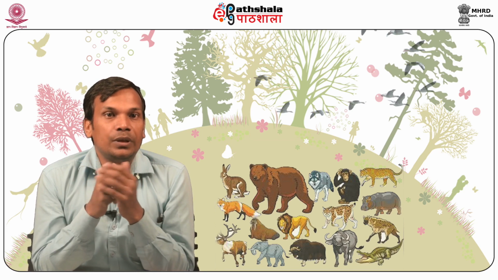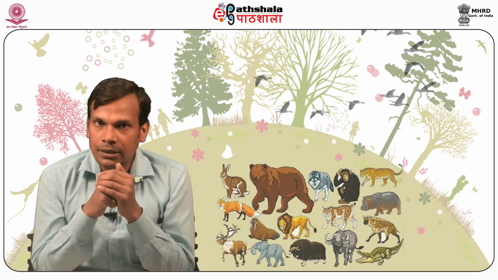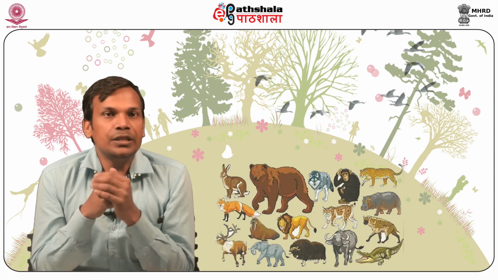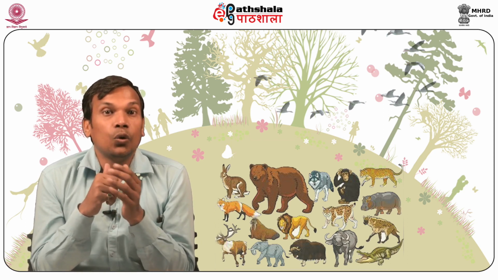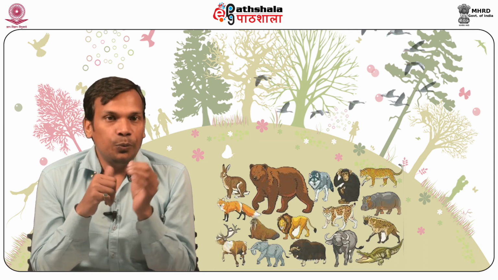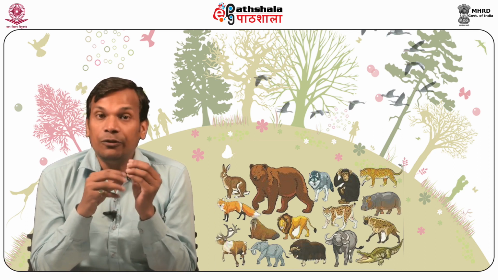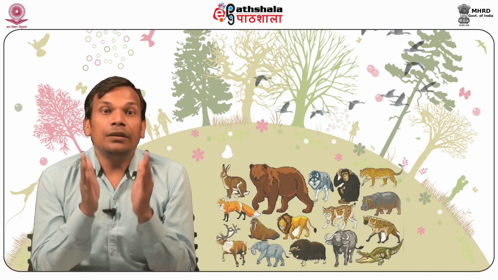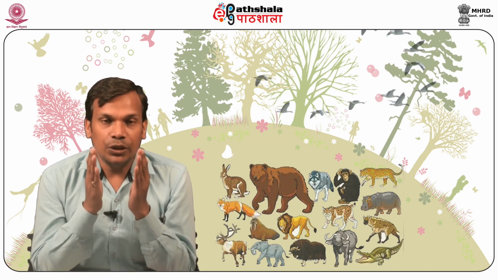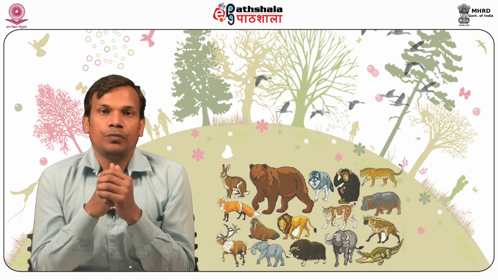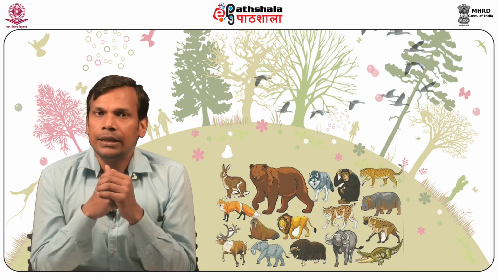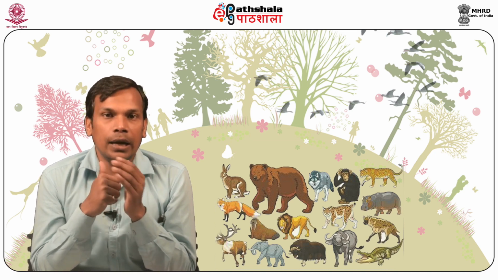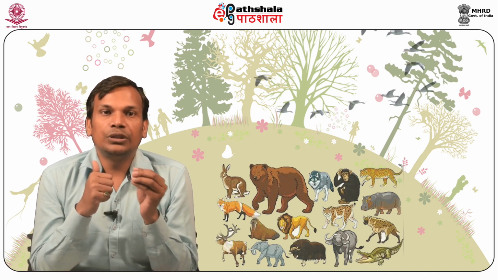Some of these properties are density, natality, mortality, age distribution, and growth forms. Population density is defined as the number of individuals in relation to a definite unit of space. Population density is categorized as crude density and ecological population density.